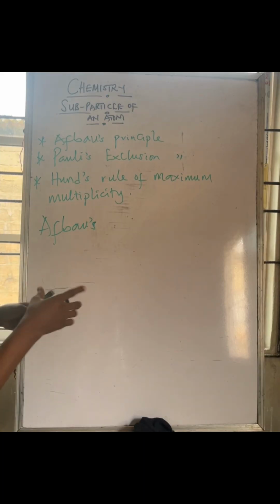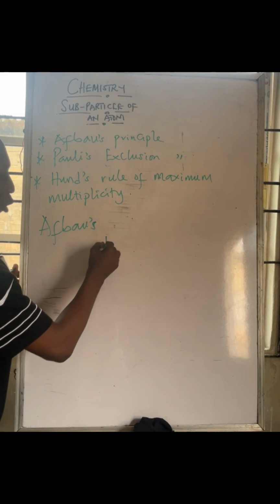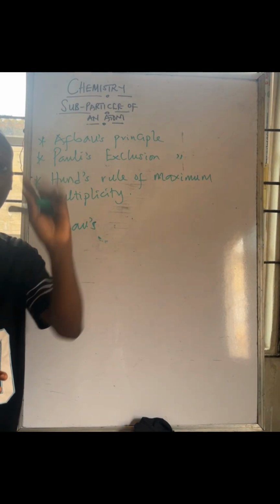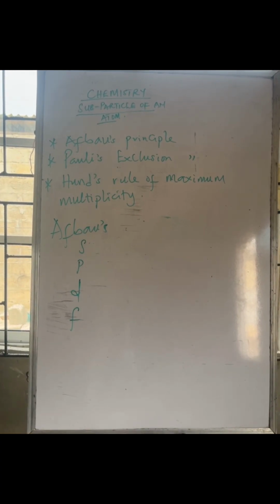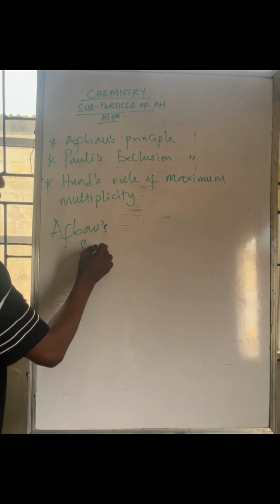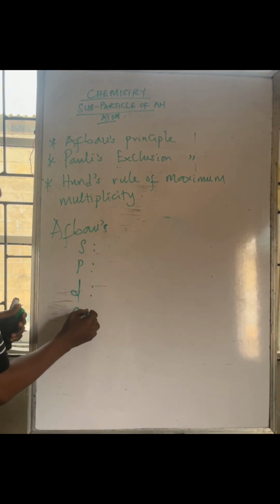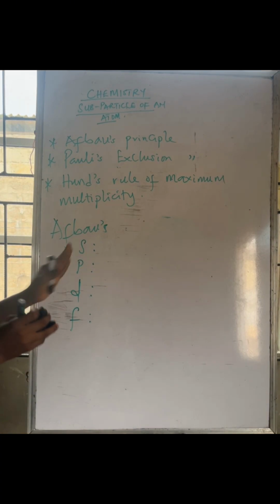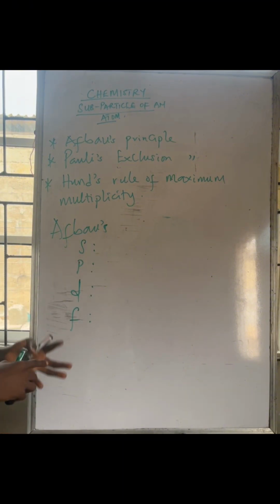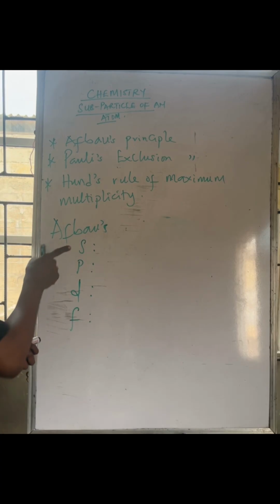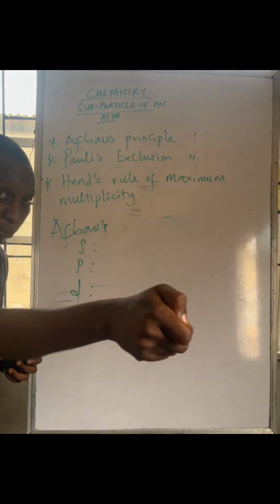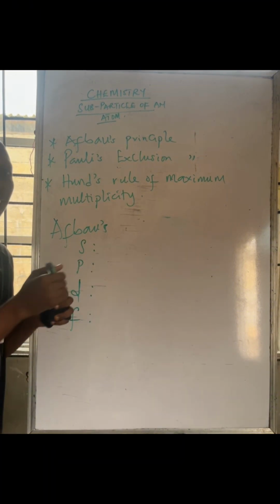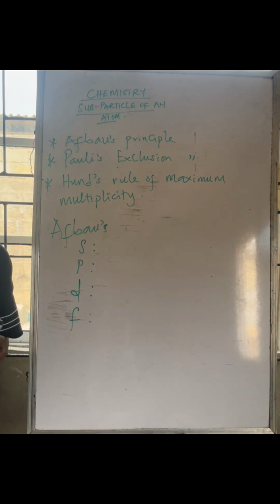Let me explain what that means. Don't forget, there are four basic orbitals, like I already told you. We have the s, the p, the d, and the f. Now I'm going to tell you their names and structures. The s orbital is called sharp, and it has a spherical shape.